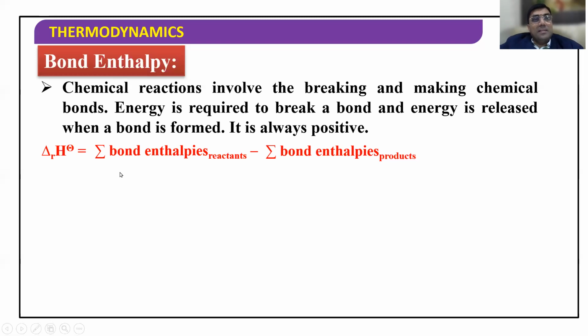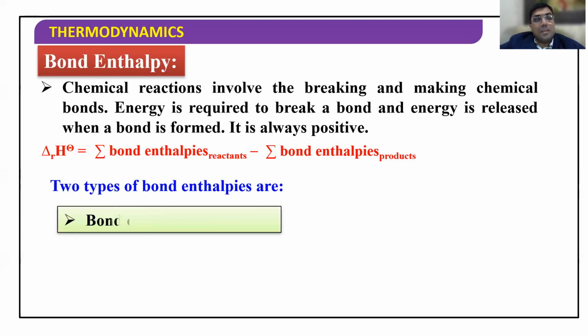If the reactants need more energy to break the bonds and less energy is released, the net will be endothermic. If less energy is required to break the bonds and more energy is released during bond formation, then the heat of the reaction will be exothermic. Are you following? But try to understand, bond enthalpies must be reactants minus products, mind you please.